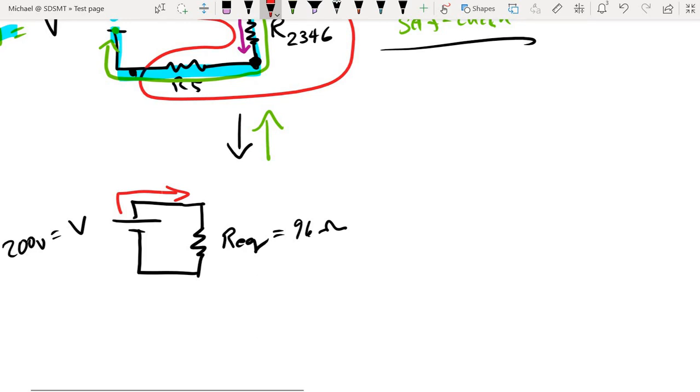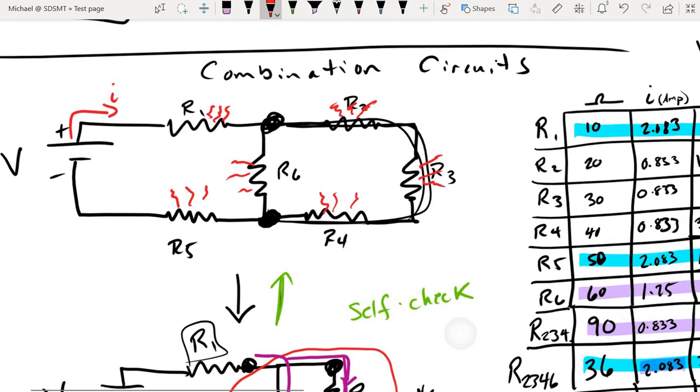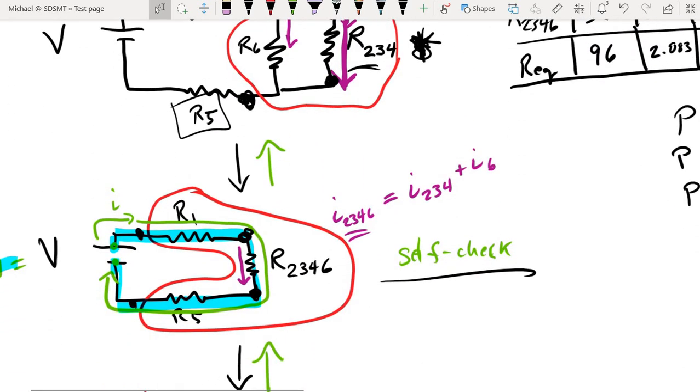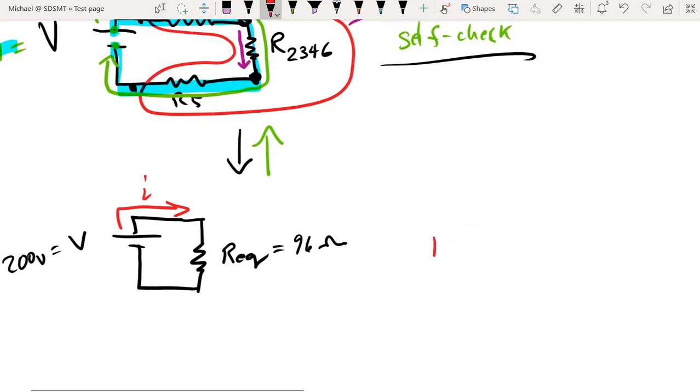Not only does that resistor have to draw the same amount of current out of the battery as what the full combination of resistors do, but now that equivalent resistor is going to have to dissipate the same amount of power as what all those other resistors did in combination.